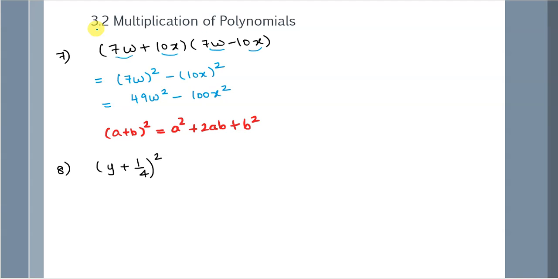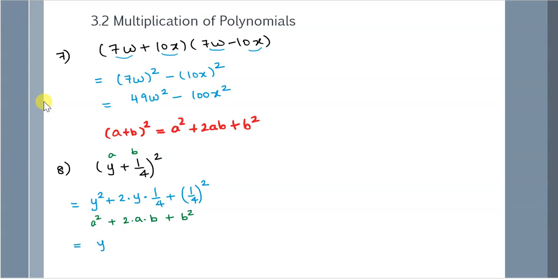So by considering y as a and 1 over 4 as b, if we open the bracket, it gives you y square plus 2y times 1 over 4 plus 1 over 4 power 2. Okay, so this is a square plus 2ab and b square. This is the formula we use.